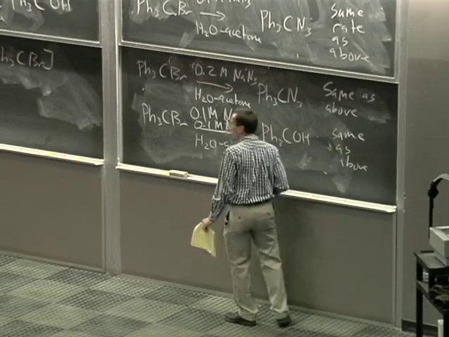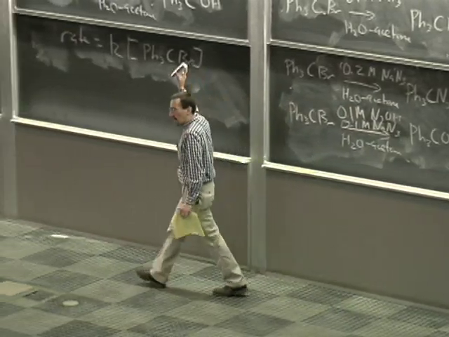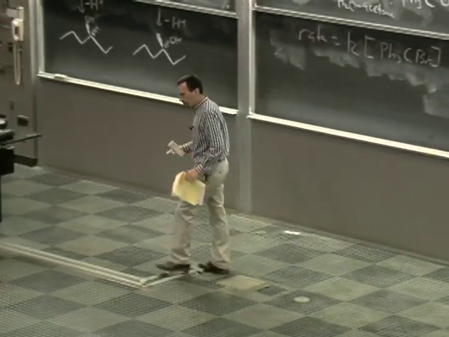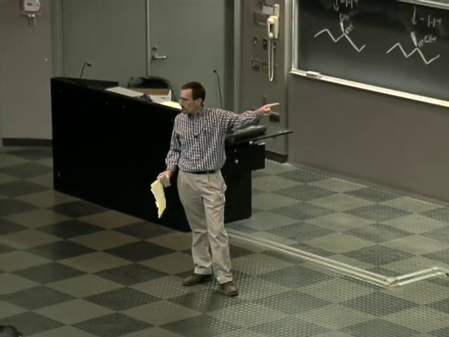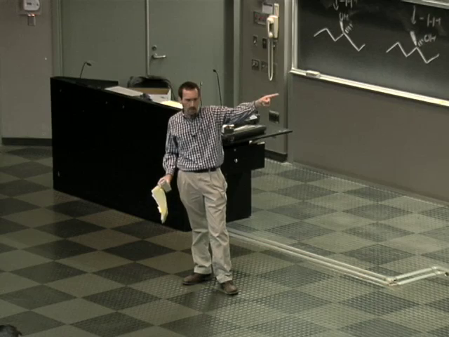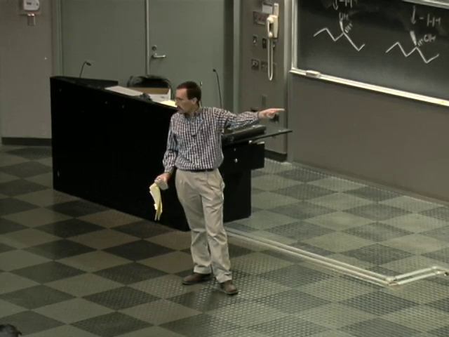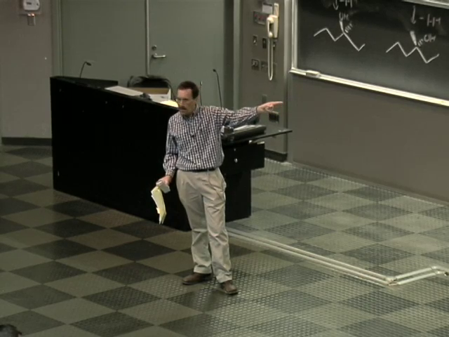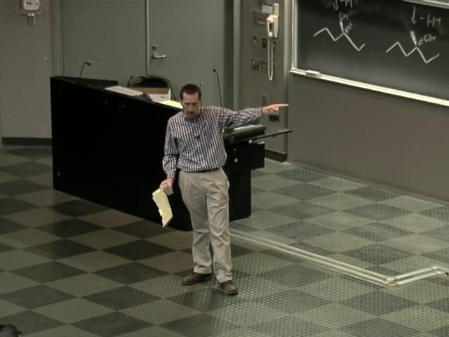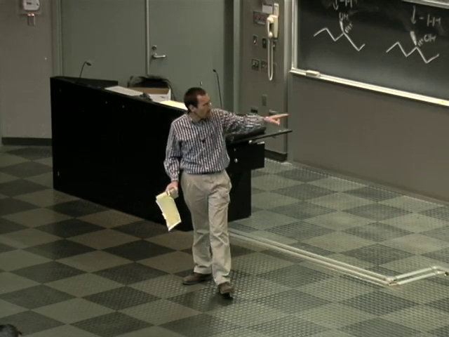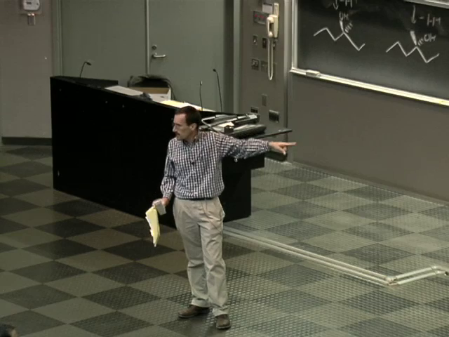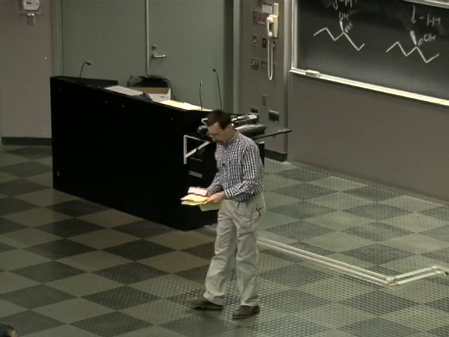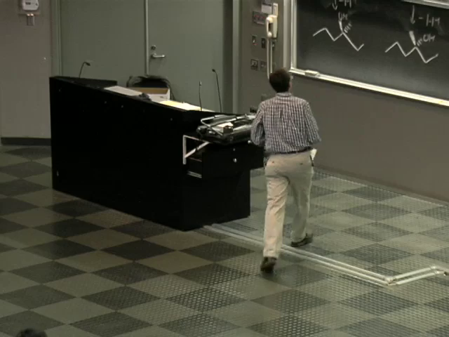In other words, all of these examples, whether it's the hydrolysis in pure water, whether it is the SN1 displacement by sodium azide at 0.1 molar, whether it's the SN1 displacement by sodium azide at 0.2 molar, or whether it is the competitive SN1 displacement with sodium hydroxide and sodium azide that leads to the alcohol, all of these proceed at the same rate.